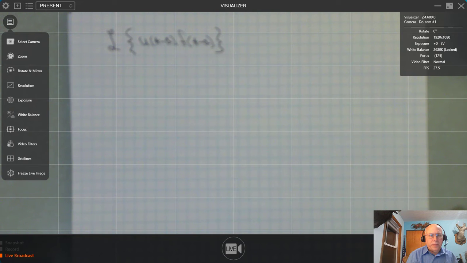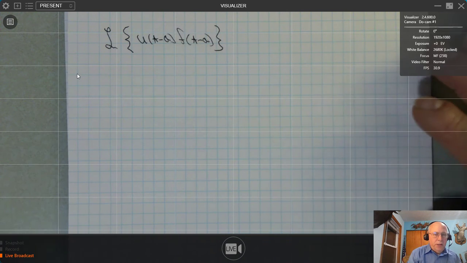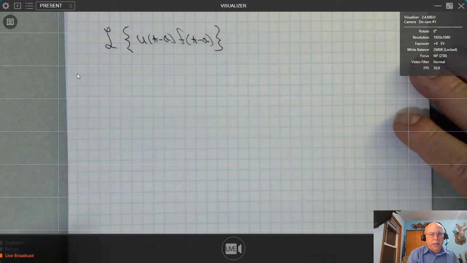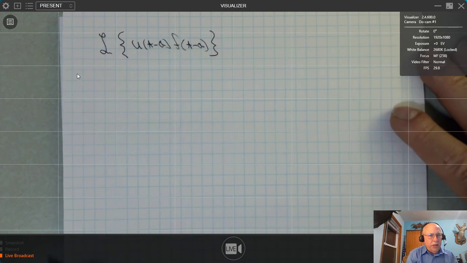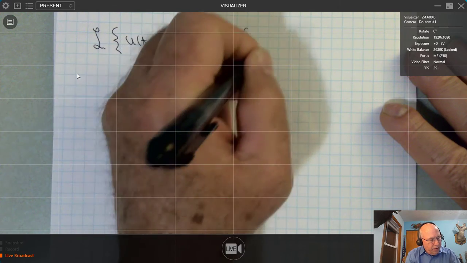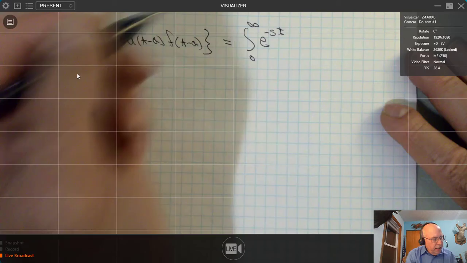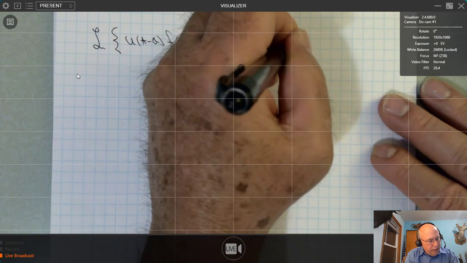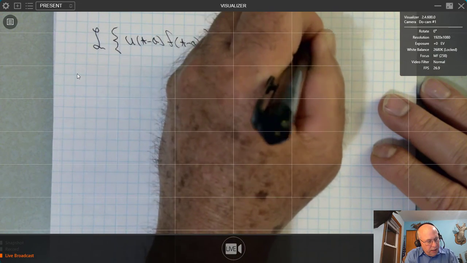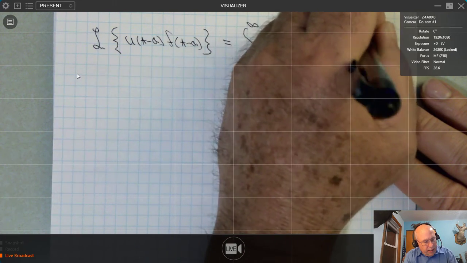And that's the next step in the derivation, and we'll do that one now. It turns out to be essentially the same kind of calculation. Well, this is defined to be the integral from 0 to infinity, e to the minus st, times u(t minus a), f at t minus a, dt.